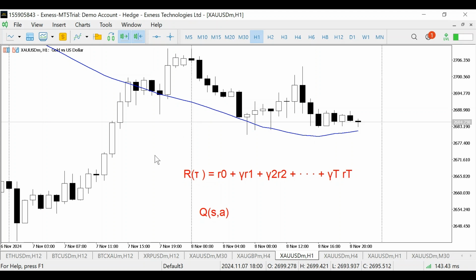At each state, meaning at the end of each candle, the algorithm will take action. First it will buy, see what is the value, then record that value, then it will sell and see what is the cumulative value, then record that value.